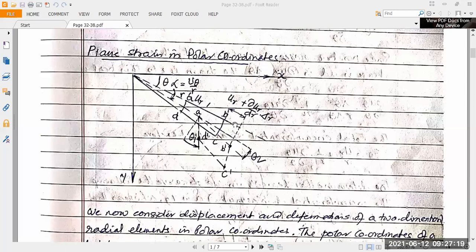The circumferential strain is caused in two ways. I am getting some confusion.